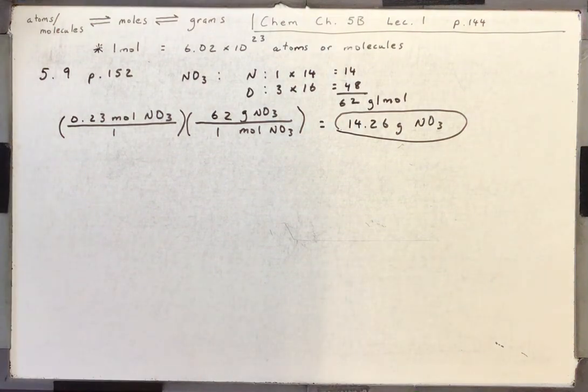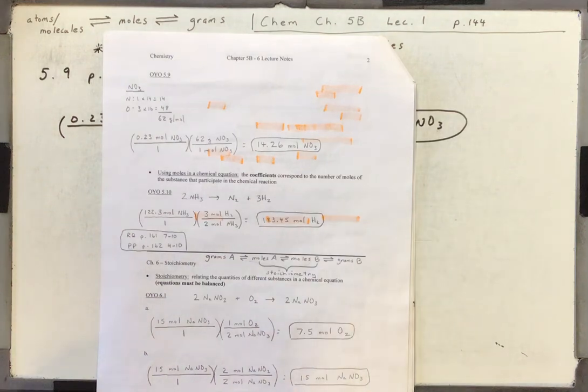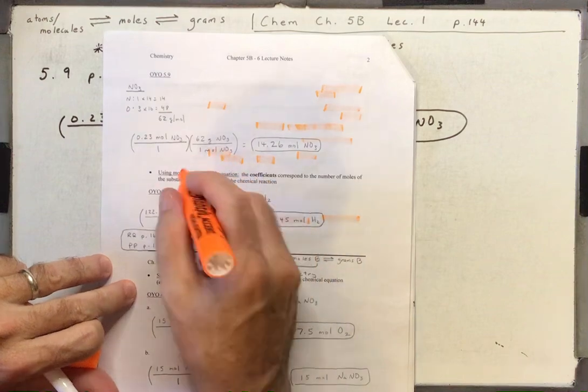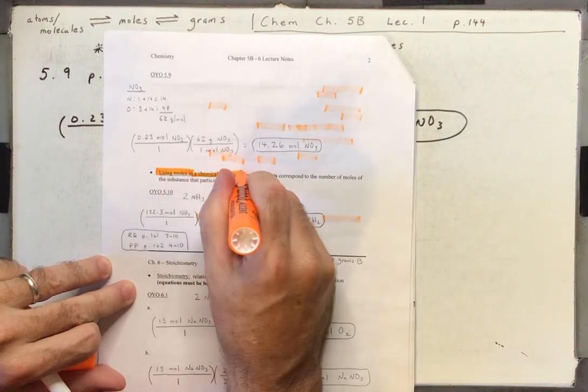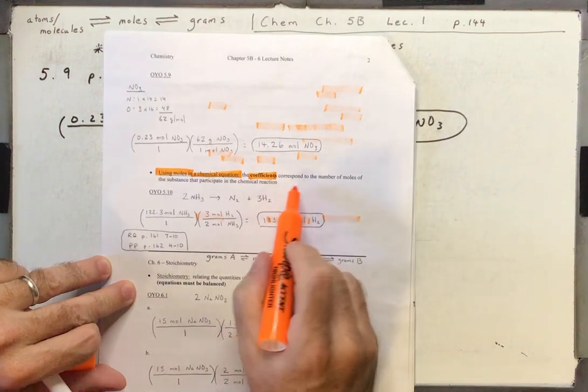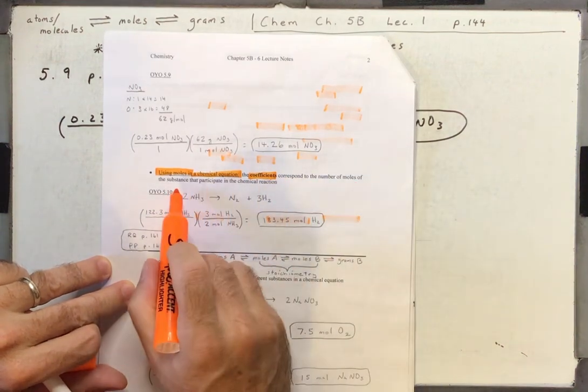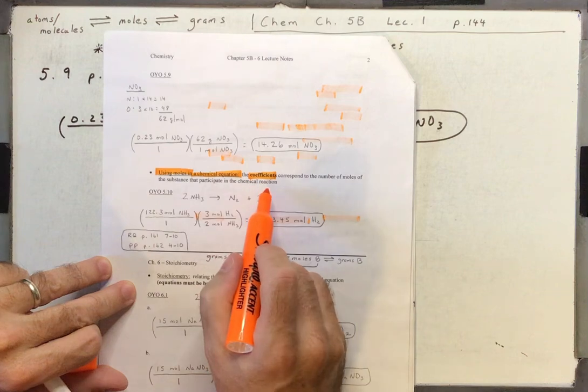Okay, our last problem is a fancy word that you're going to do a lot in Chapter 6, but this is going to be your first foray into that. Using moles in a chemical equation. The coefficients correspond to the number of moles of the substance that participate in a chemical reaction.